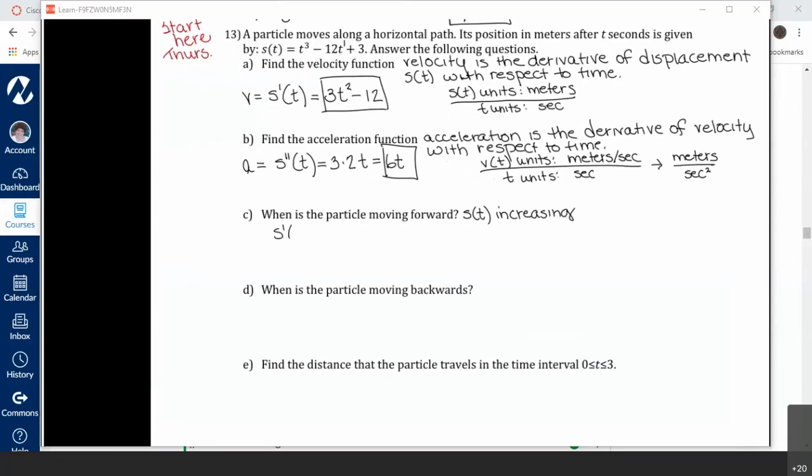That means the derivative must be positive there. Okay, so how do I do that? One way to do that is to take your first derivative, and say that has to be greater than or equal to 0.